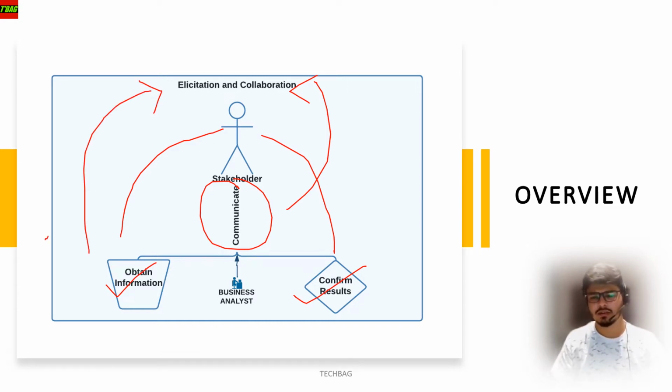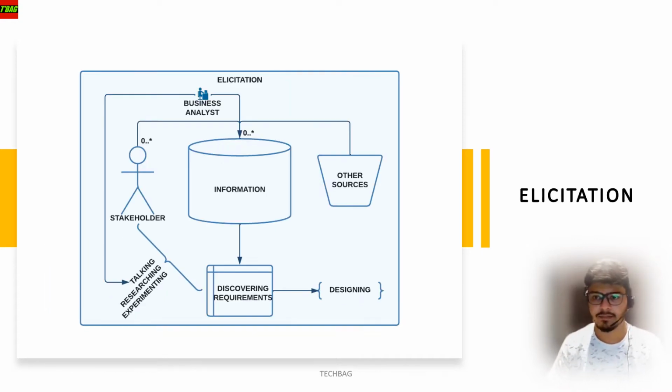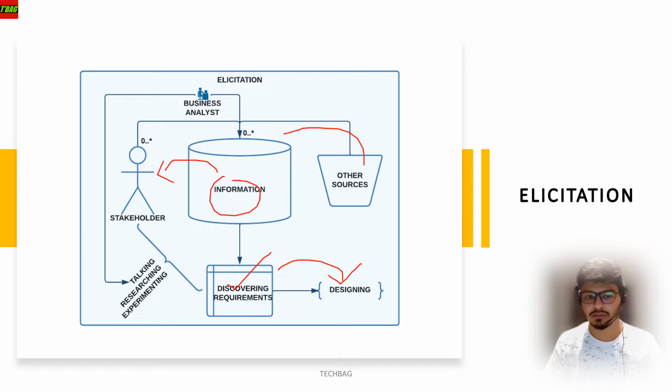So let's go deeper and identify what exactly the elicitation activity looks like. Elicitation is a process of gathering information and then converting that information into requirements, basically identifying all the requirements and then converting them into a design. The information is obtained from the stakeholders, as we have already seen, and we also obtain information from other sources.